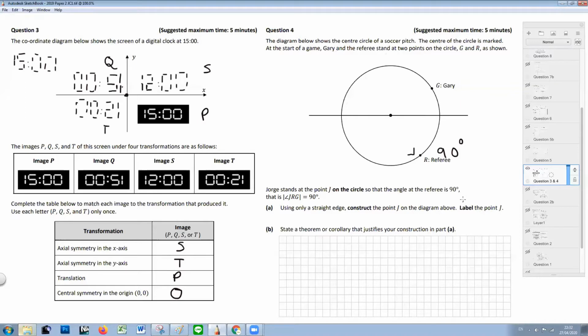Label the point J. So we know that if we have a semicircle, and if we draw straight through, the 3 points of a triangle within a semicircle will have an angle of 90 degrees.